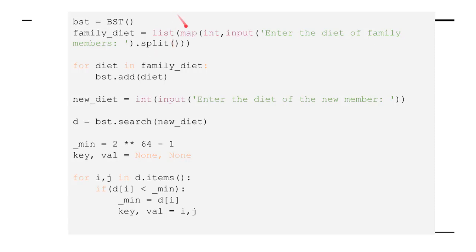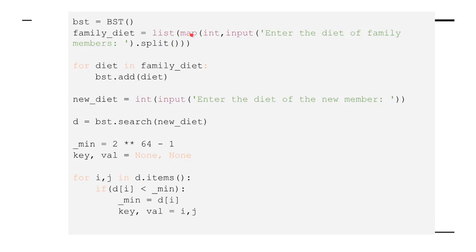For that, I'm using this map function. What it does is it takes each string of all the input strings, and it converts it into an integer. That's why you can see the two arguments I pass here. First one is int, which is the type in which I want to convert it, and the second argument is the input dot split method.